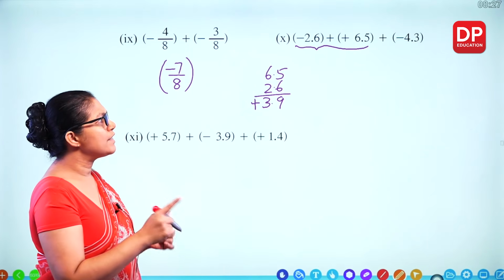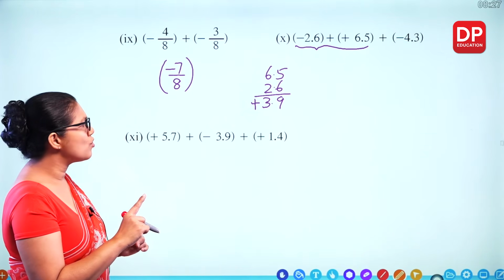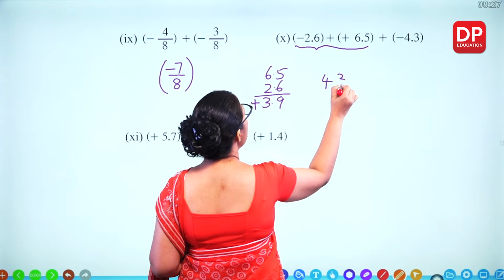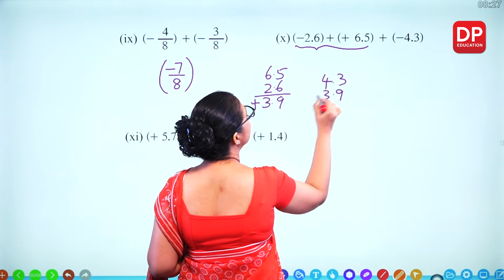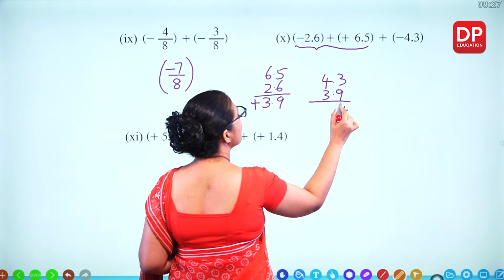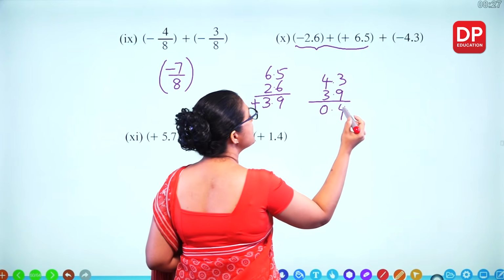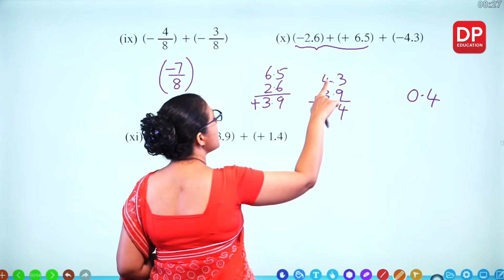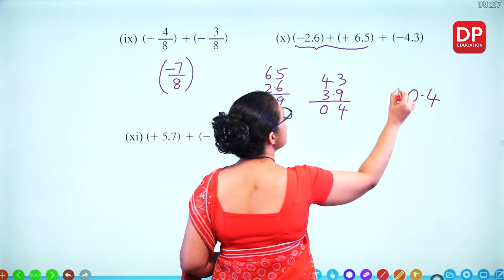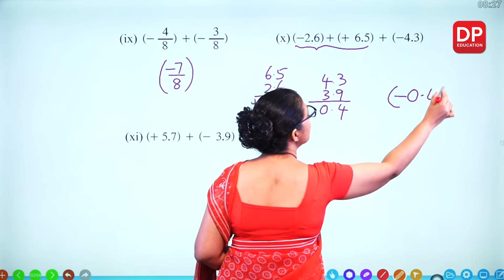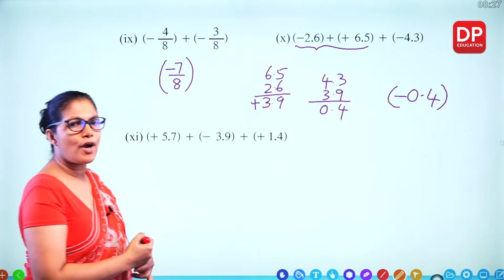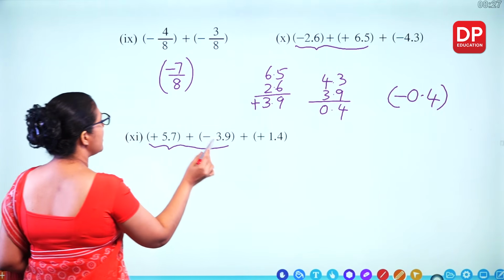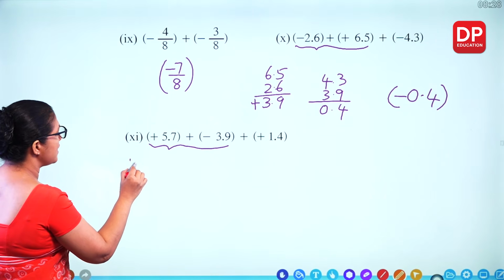Now 4.3 and 3.9, two different signs. So take the difference now. 4.3 and 3.9. 0.4 is the answer. So 0.4 answer is negative because the bigger number is negative. So negative 0.4. These two, one is positive, one is negative. Take the difference.